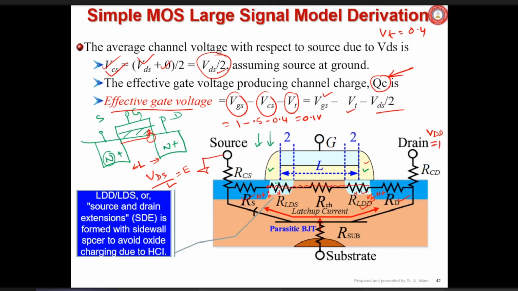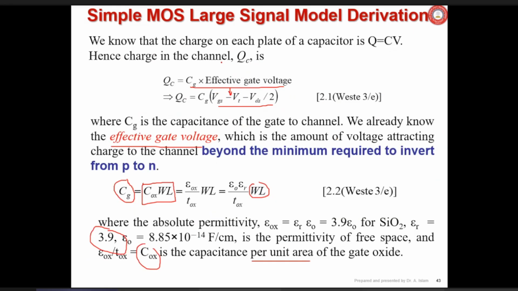Effective gate voltage, you have got as this equation. Now, we know the charge equals CV. This is a very generic equation you all know. So the charge in the channel is QC equals capacitance times effective gate voltage: QC equals CG into (VGS minus VT minus VDS by 2).